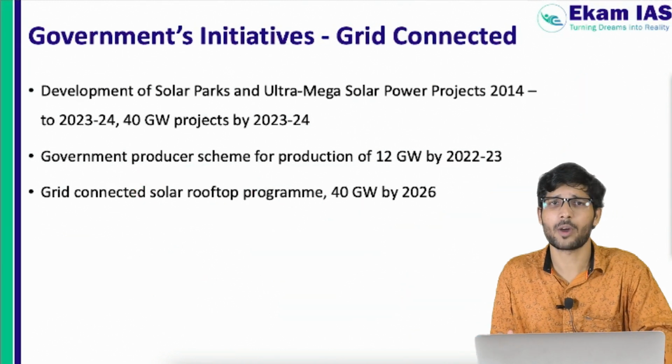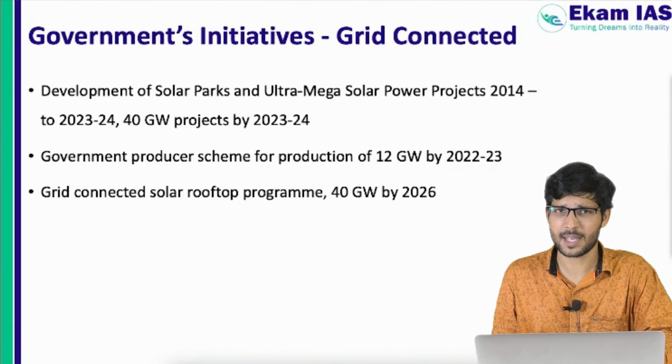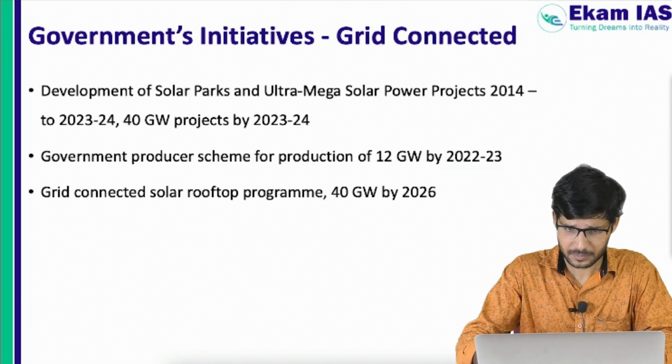So these three programs that we have discussed, that is solar park, government producer scheme, and the grid connected rooftop programs, are all grid connected programs. That means the electricity produced will be fed into the central grid, that is the government grid.